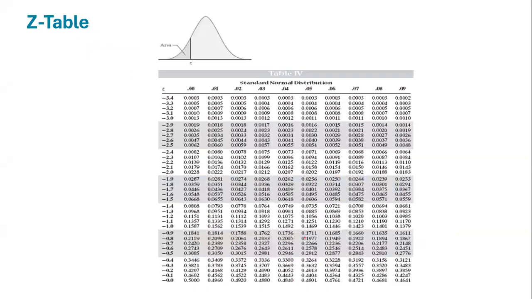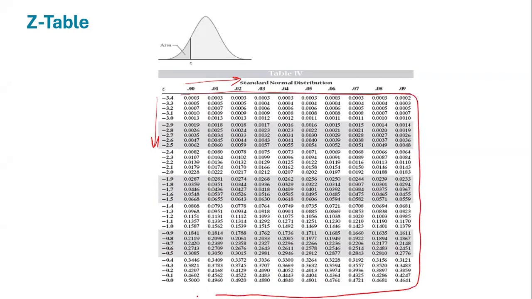And you can see a complete table also in this slide. I just put one picture of the negative z values, but we have another table for positive z values as well. So the z-value tables are on two pages, one page for positive z values and one page for negative z values. You find the z value by looking at the numbers on the left and on the top together, and then find the probability from the body of the table.